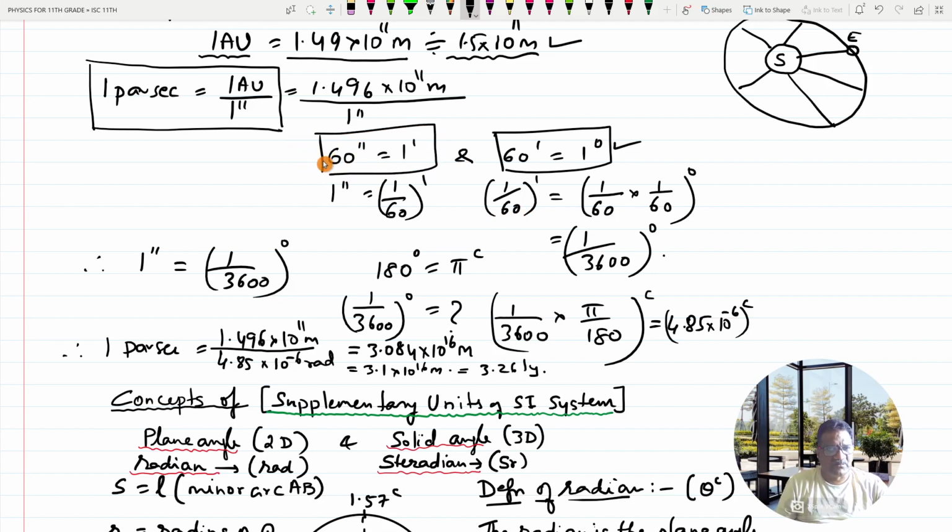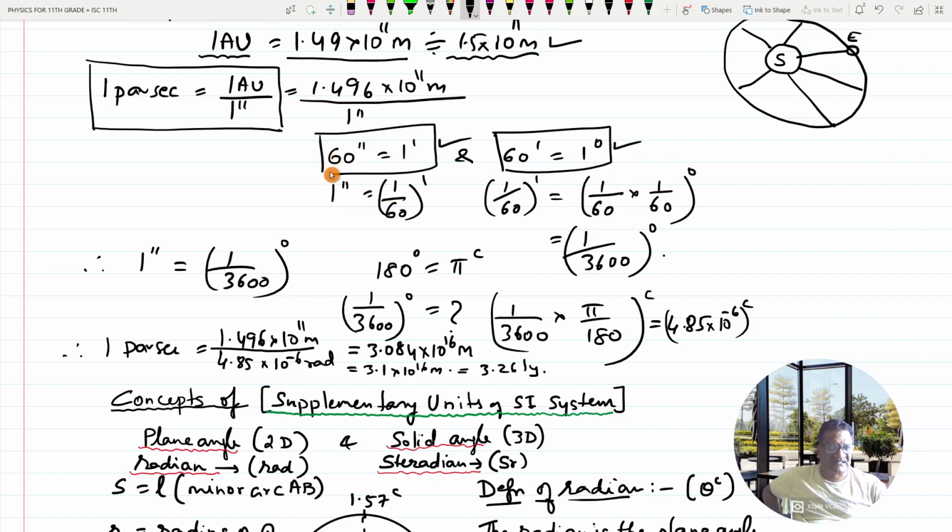Sorry, the smallest degree is 60 seconds. Seconds is the smallest unit of degree. So 60 seconds will make 1 minute, and 60 minutes will make 1 degree. These two statements you understand properly. 60 seconds is equal to 1 minute, and 60 minutes is equal to 1 degree, right?